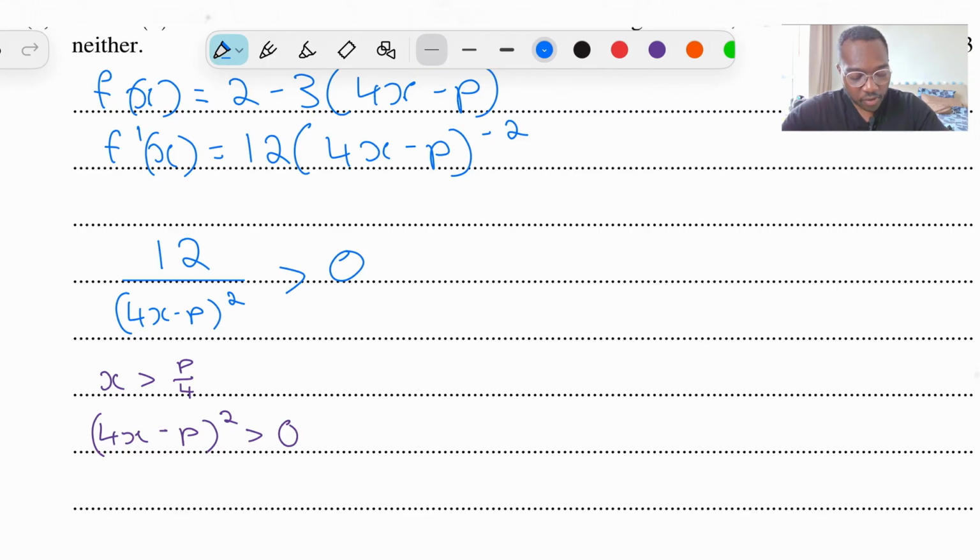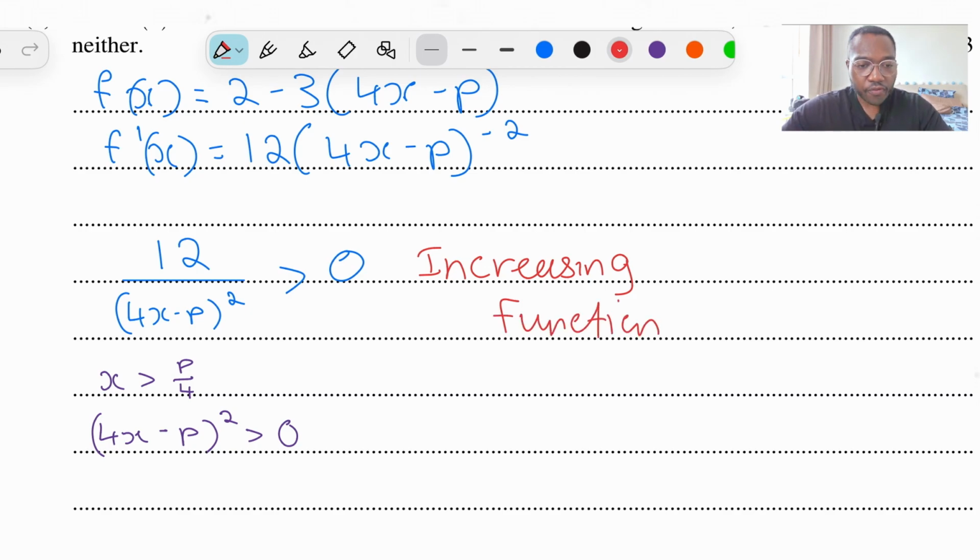So 12 over 4x minus p squared will always be greater than 0. And if that's always greater than 0 for all those values of x greater than p over 4, then we know that this is going to be an increasing function. So you've got to think about the properties of a square number in that one.